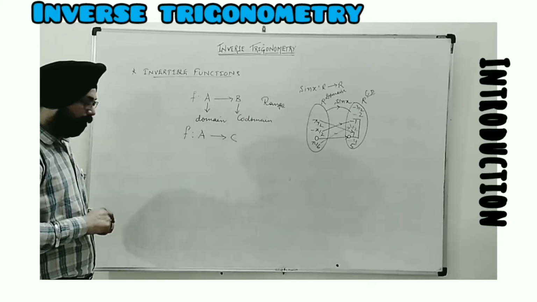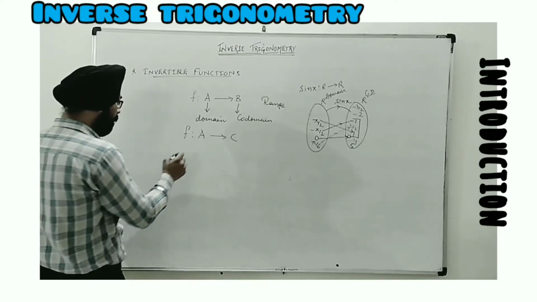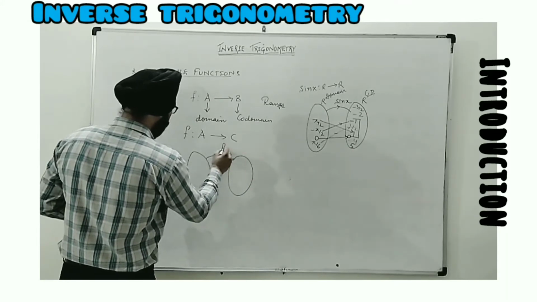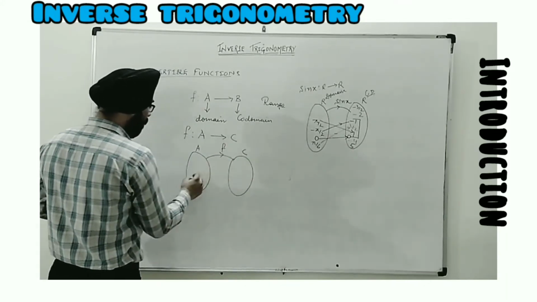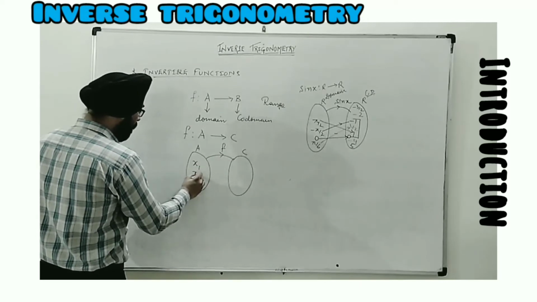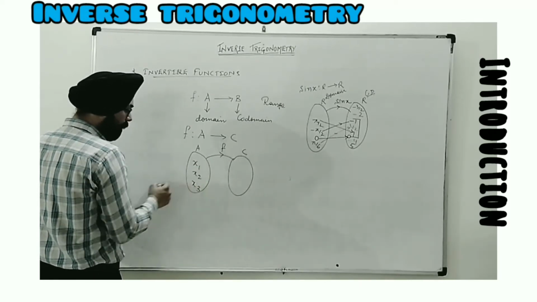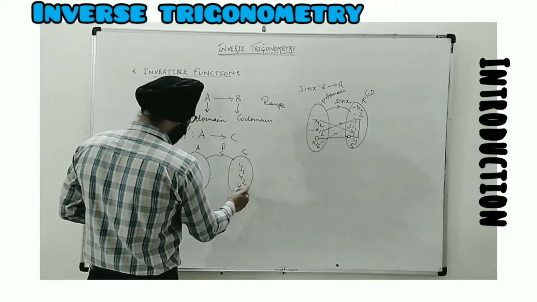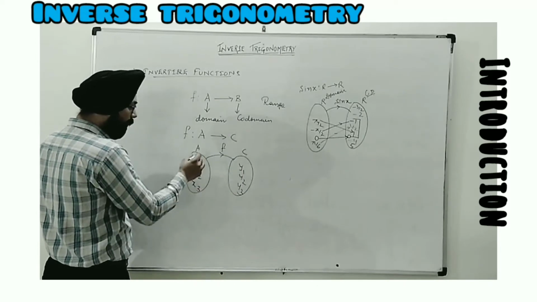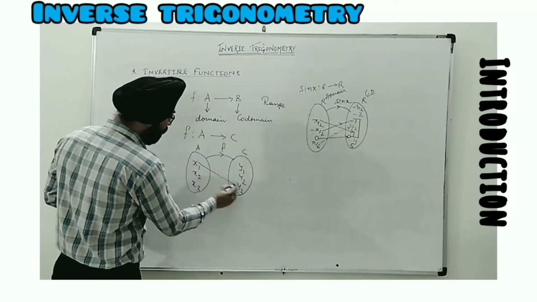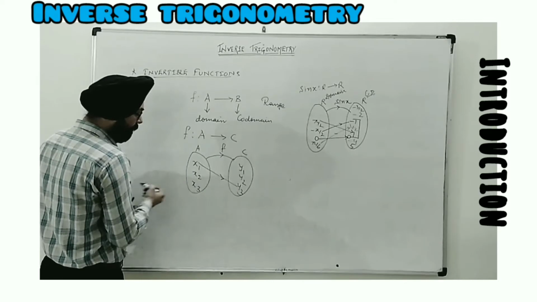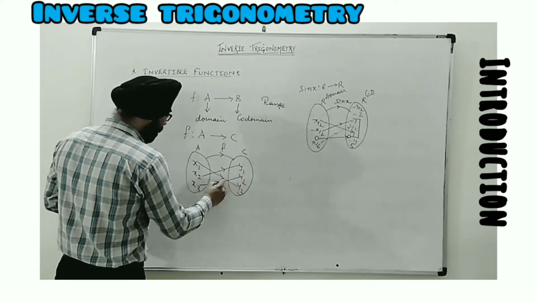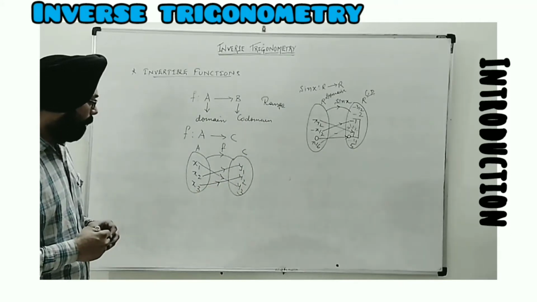In such a case, suppose I draw to explain. This is A, this is C. I have elements here x1, x2, x3, and elements of C are y1, y2, y3. From A, x1 has its image at y3, x2 has its image at y1, and x3 has its image at y2.